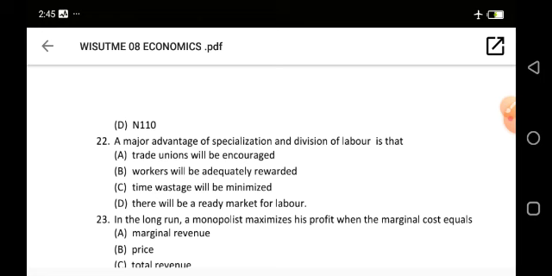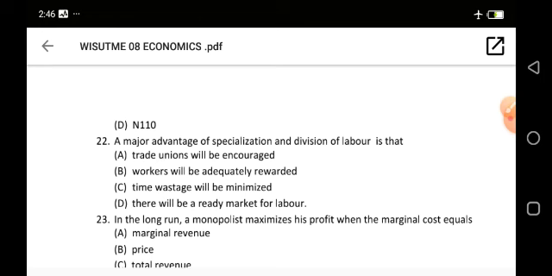22, the major advantage of specialization and division of labor is that: A talks about trade union will be encouraged, B talks about workers will be adequately rewarded, C talks about time wastage will be minimal.